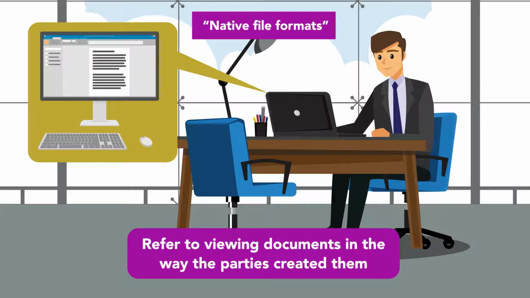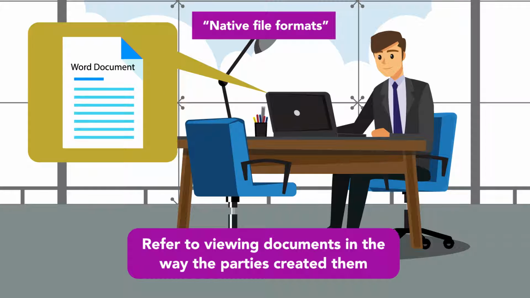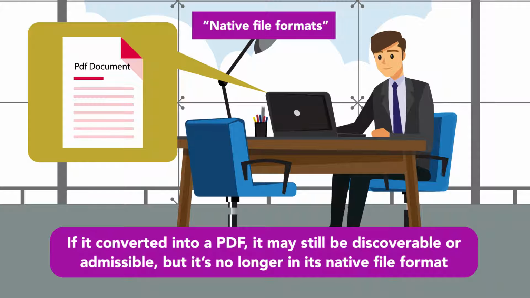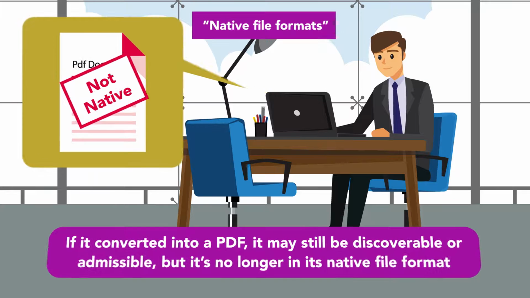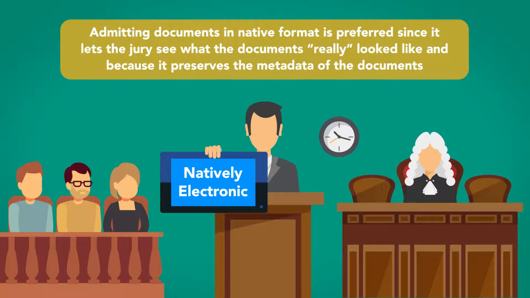In other words, a Word document being viewed as a Word document is in its native file format. If it is converted into a PDF, it may still be discoverable or admissible, but it's no longer in its native file format. Admitting documents in native format is preferred since it lets the jury see what the documents really look like and because it preserves the metadata of the documents.